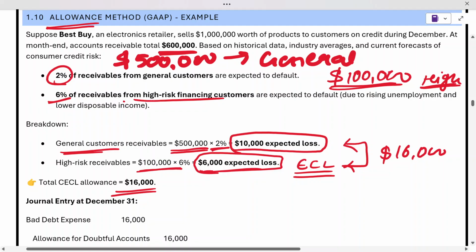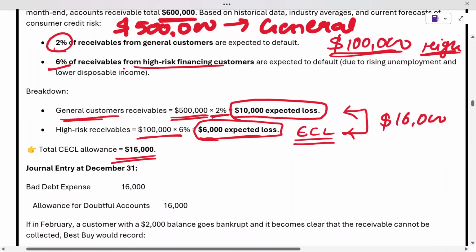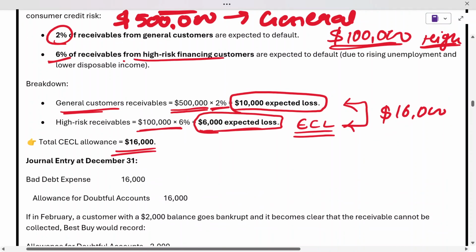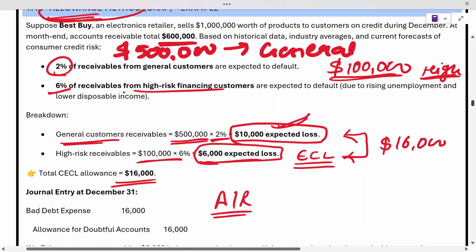So what general accounting entry will we pass at December end? We are making an allowance. We are not directly charging the debtors, because this method doesn't hit the AR balance, since this is only expected. This is not final. It is based upon historical trends.